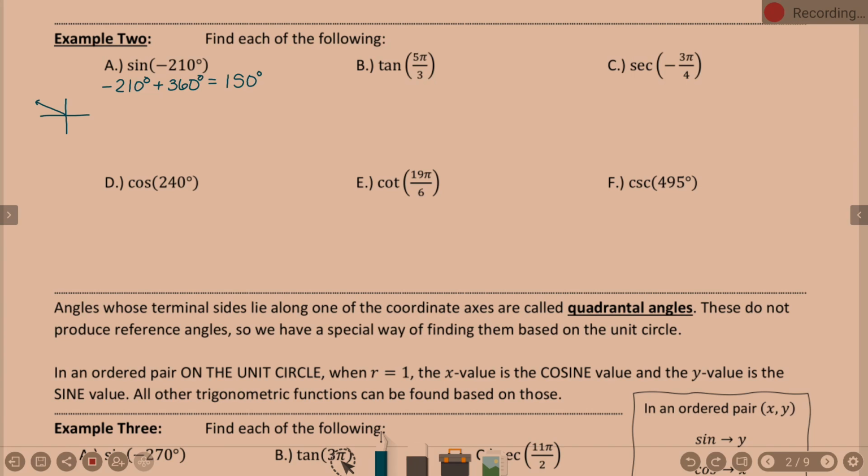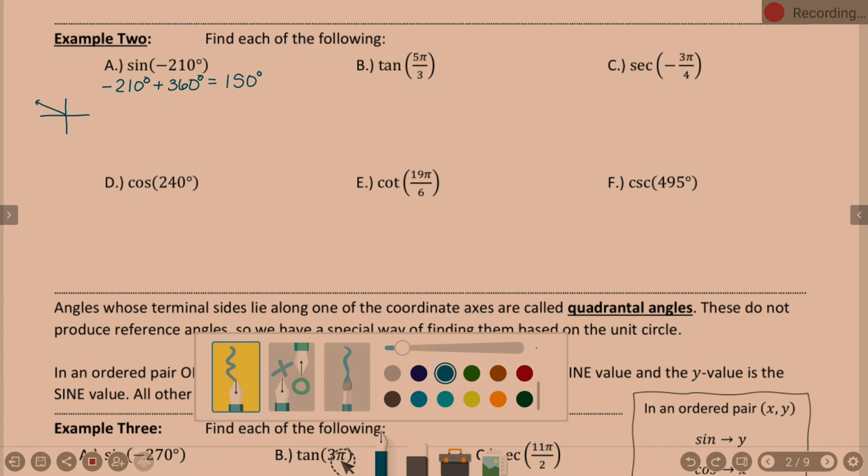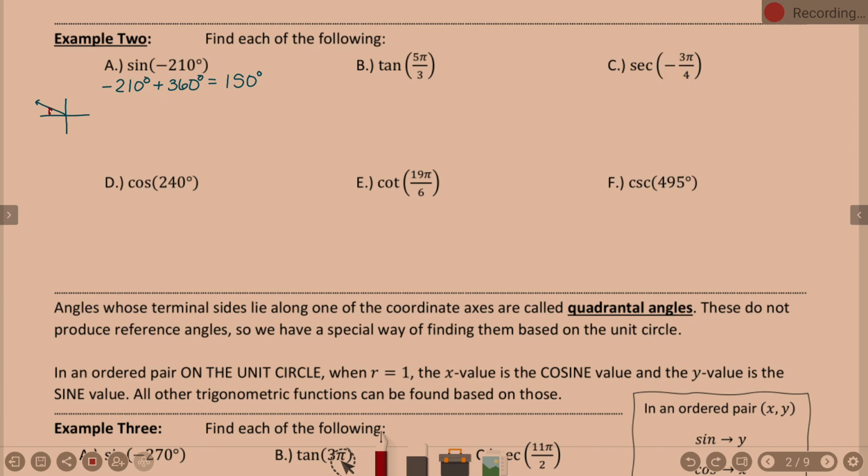Now, I need that reference angle. How am I going to find it? If I want to know how far that is from the x-axis, I have to look at the fact that this was 150, which is almost to 180. In other words, that's what the x-axis is.